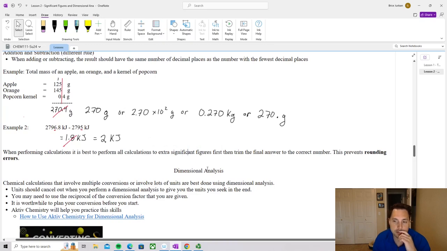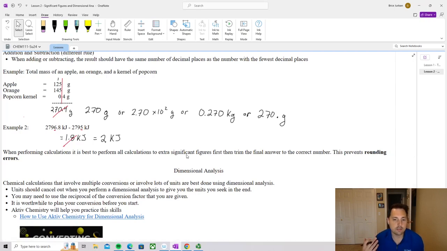Because what will happen is you'll end up introducing rounding errors if you truncate your significant figures as you go along. So it's best to perform all the calculations with extra sig figs. In the textbook and a lot of the calculations I've done, if you just include at least one more sig fig, that's usually best.